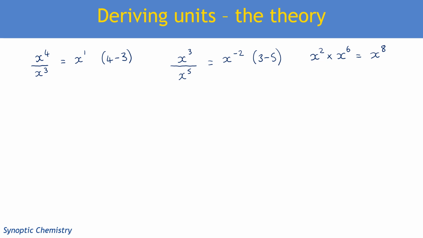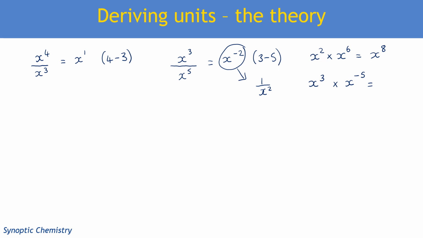So we know that we can write things in terms of to the power minus numbers. What that actually means is 1 over x squared. We can write them to the power of positive numbers. If we had, for example, x cubed multiplied by x to the power minus 5, again, I'm going to add those together.